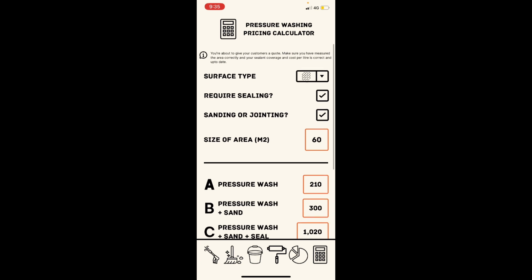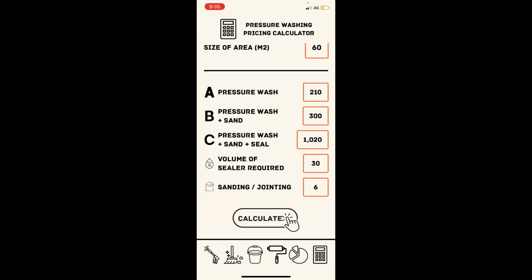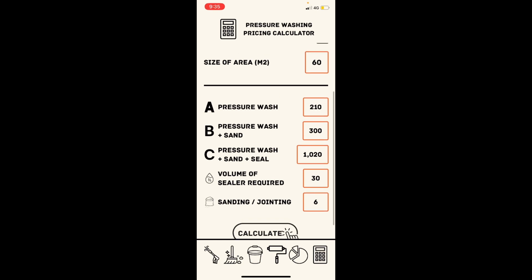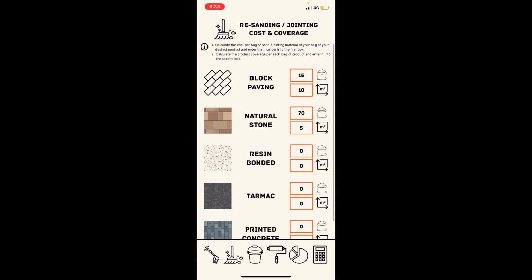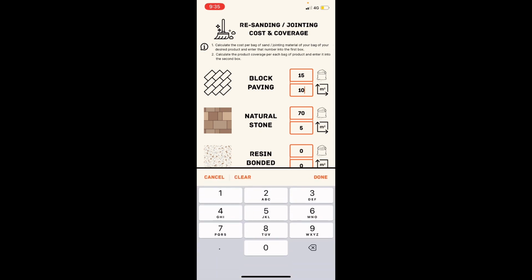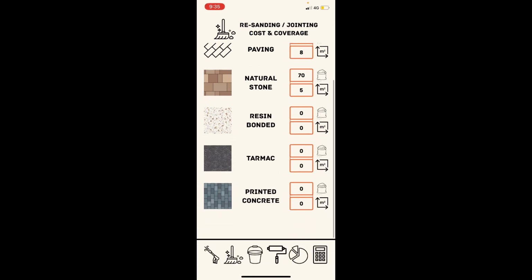Now, if you've got, let's say, the sanding, you know that this driveway has loads of gaps in there, and you know that there's going to be a lot more sand required. What you can do is go back in to where the broom is, and then you can adjust the coverage. So if you know that the sand is not going to go as far on this driveway, you can adjust the settings here.